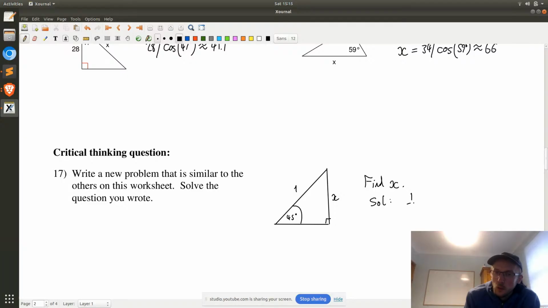And so do 1 over root 2 and then simplify. In other words, rationalize the denominator so we get root 2 over 2.